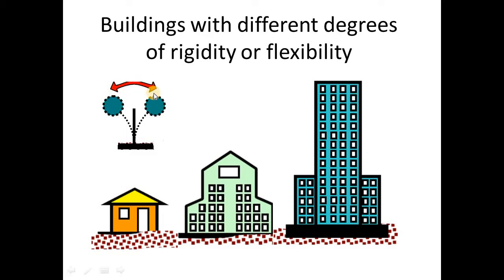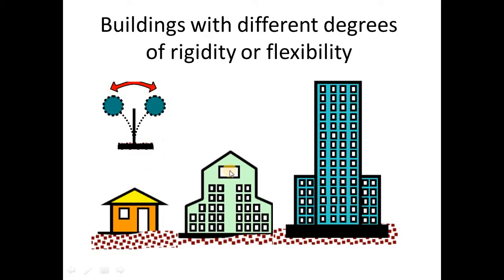Now, if we convert speed into time, the one that sways laterally very rapidly takes a very short time to complete a single cycle of back and forth. So the time needed for a short building or a rigid building to complete a single cycle of back and forth is really little.